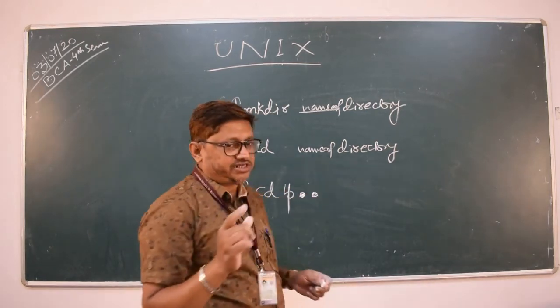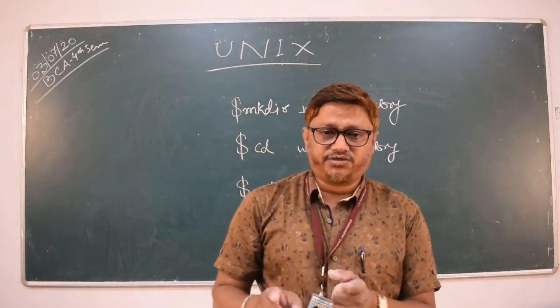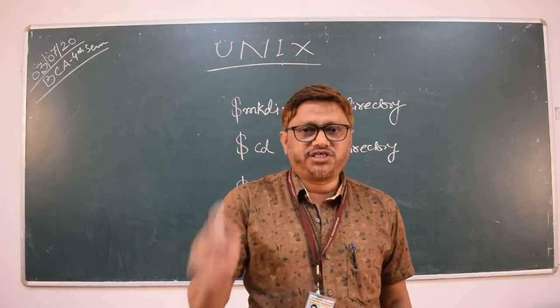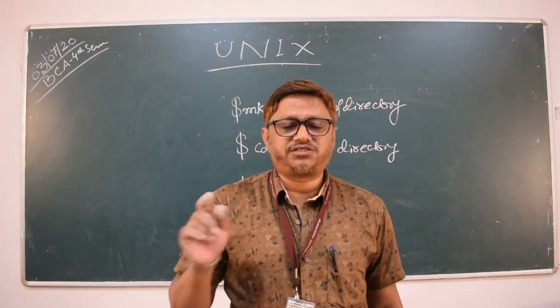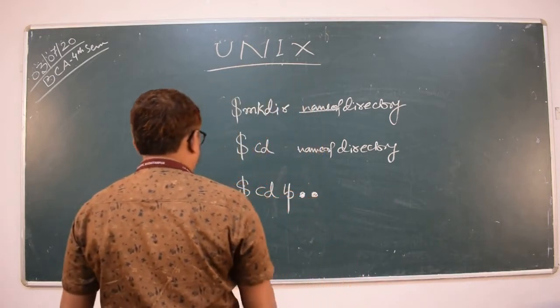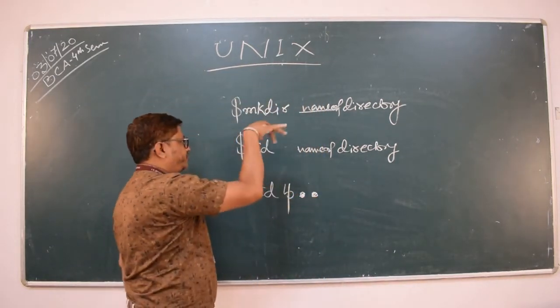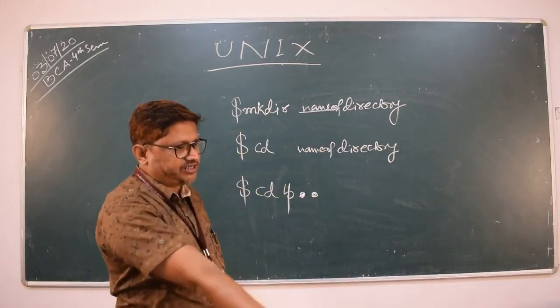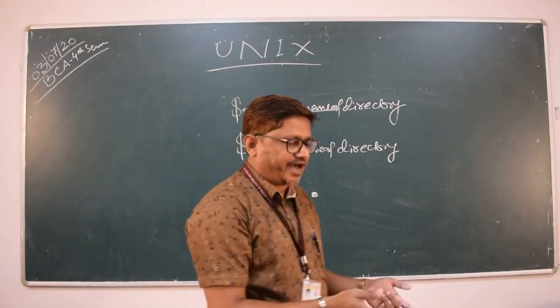One thing must be remembered about DOS and Unix. If you are using DOS, it is cd dot dot. If you are using Unix, it is cd blank space dot dot. The mkdir command is used to make a directory. Cd is used to enter inside the directory, cd space directory name.